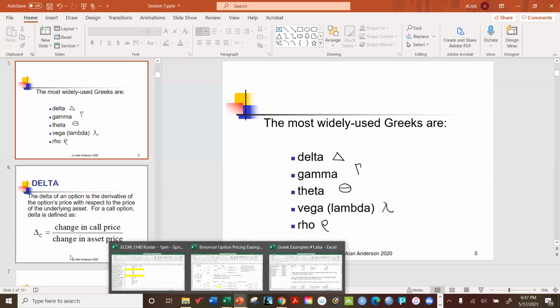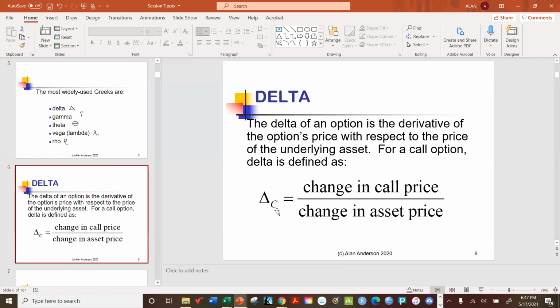So the call delta, where I have a subscript of C here, represents the change in the call price with respect to a change in the asset price. In other words, if I have a call option on a stock, what can happen to the price of my option if the stock price goes up by $1? It's a pretty important thing to know because you never know what can happen in the market.